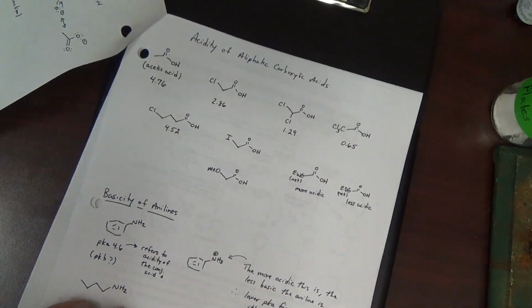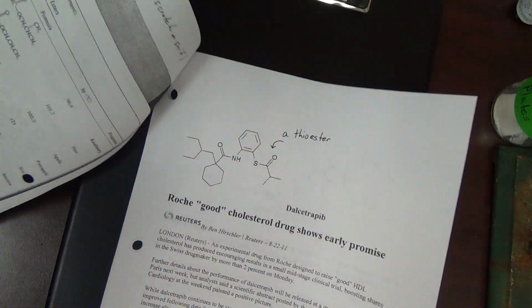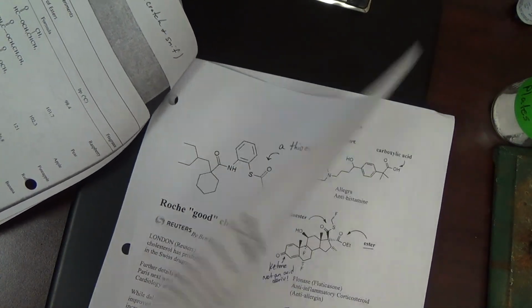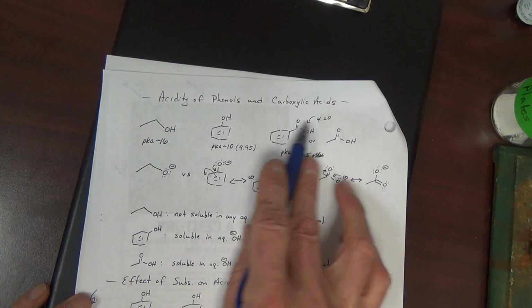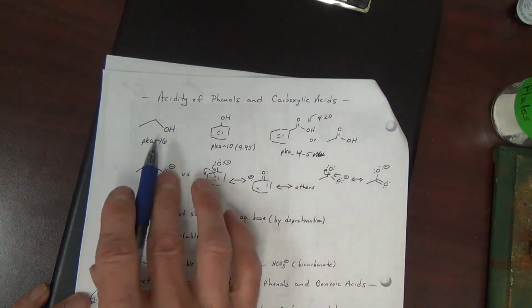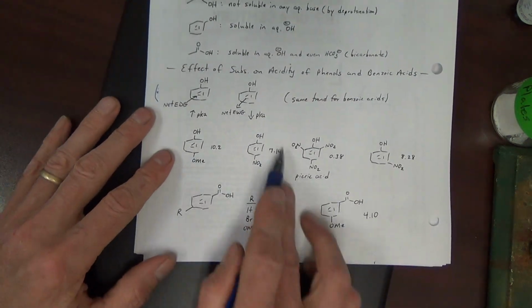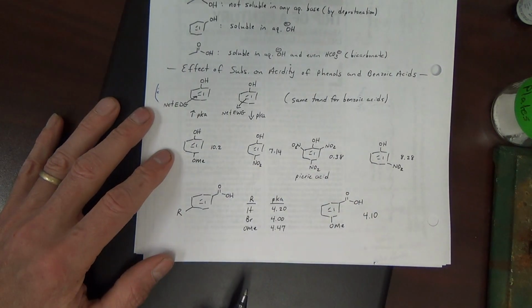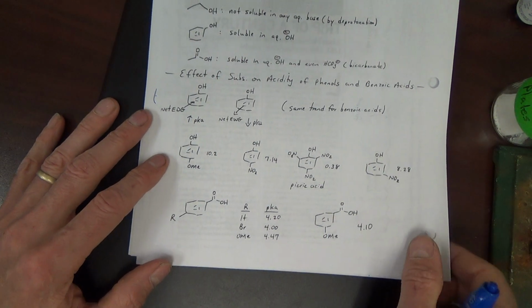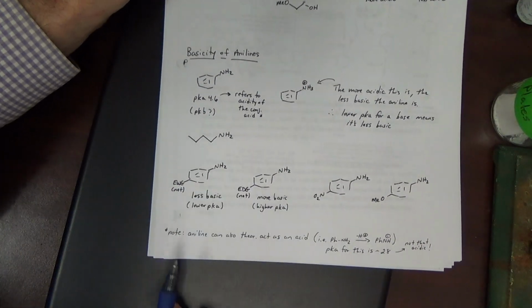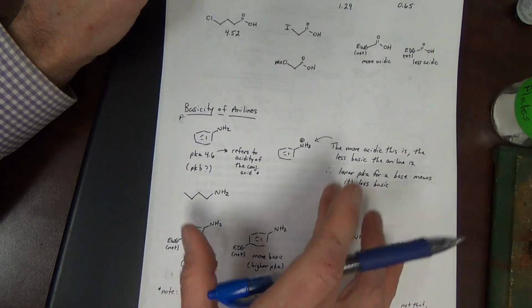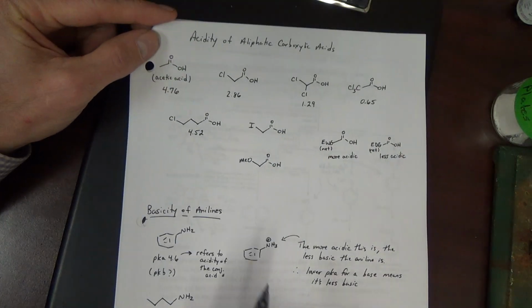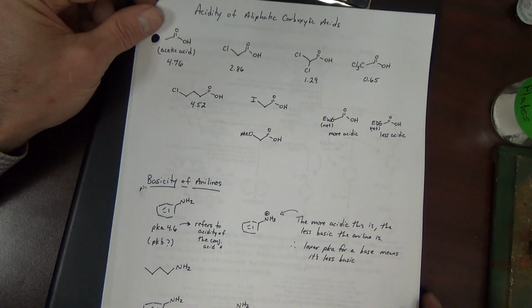Okay, guys. We'll look at the rest of this handout in class. Please be looking ahead at that. We'll be looking at the acidity of carboxylic acids, but also phenols. We're going to do a little review of our acidity and how functional groups can affect the acidity. While we're at it, we'll look at basicity of anilines, because the discussion goes with the discussion of the carboxylic acids.